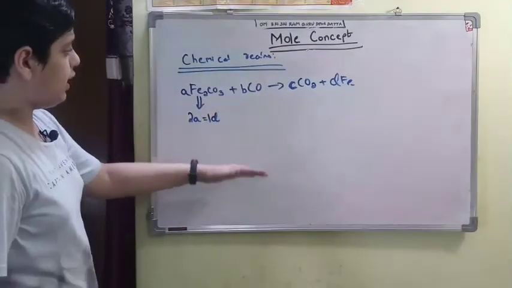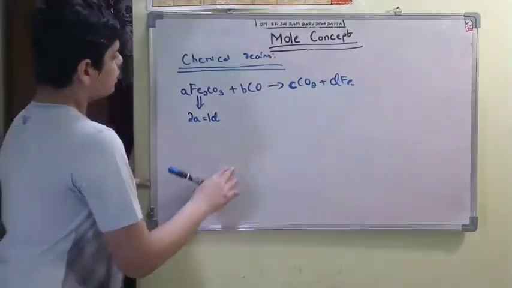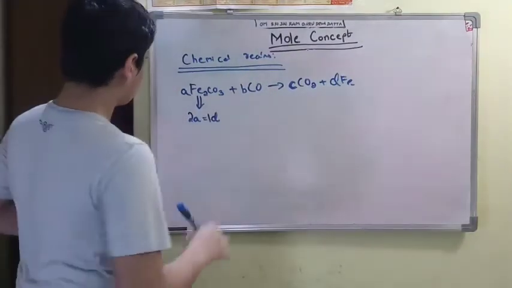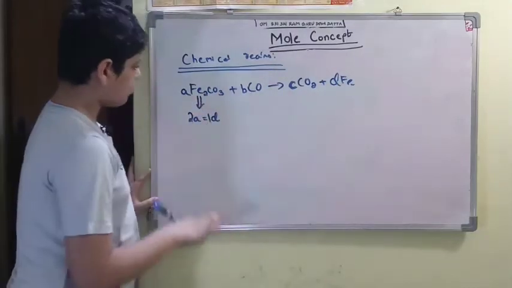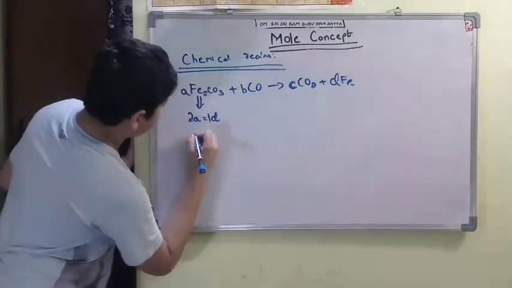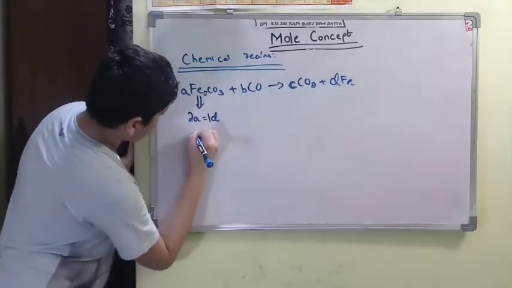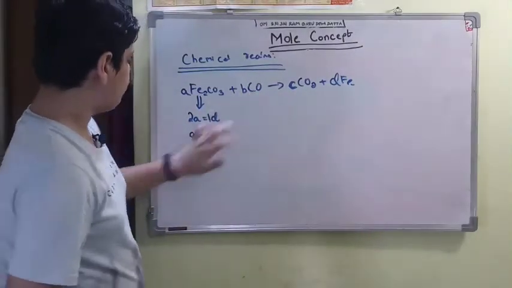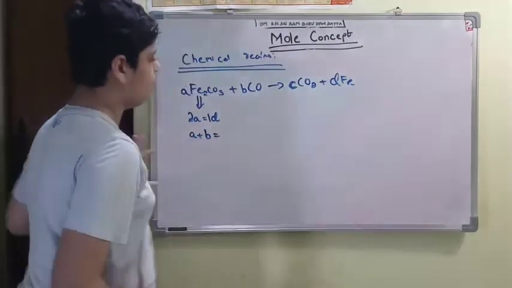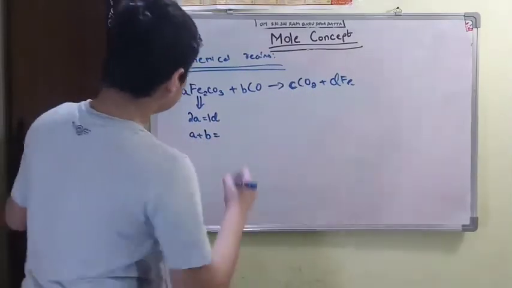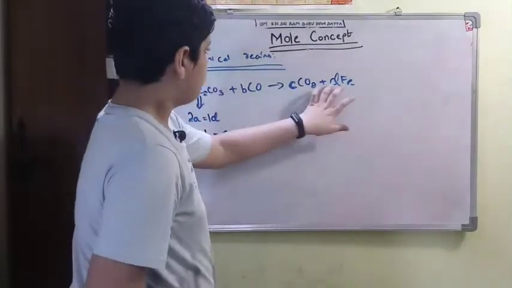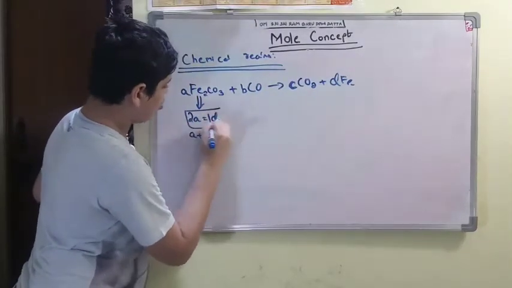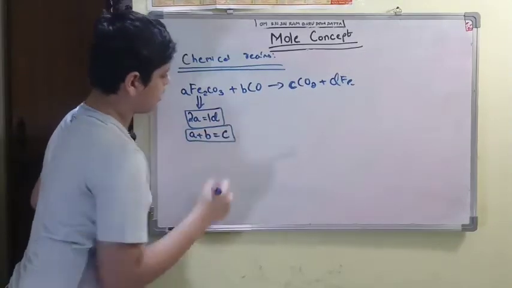After getting all the equations, we need to add and subtract and balance it. Next let us balance carbon. 1 atom of carbon into A, plus 1 atom of carbon into B is equal to 1 atom of carbon into C. So A plus B is equal to C, and 2A is equal to D. Now so far we have received 2 equations.